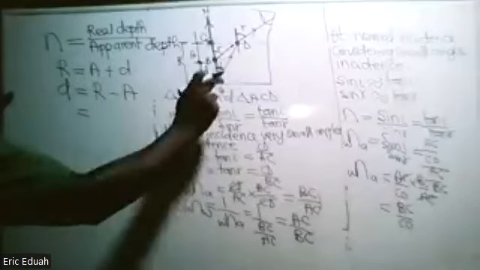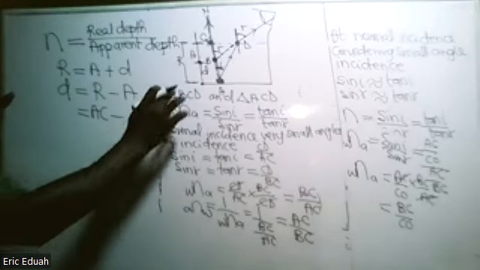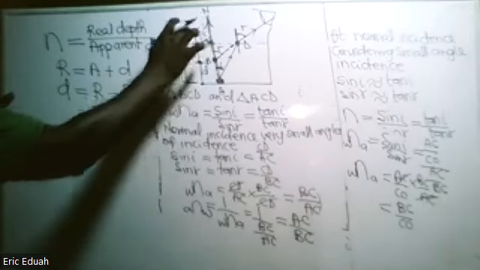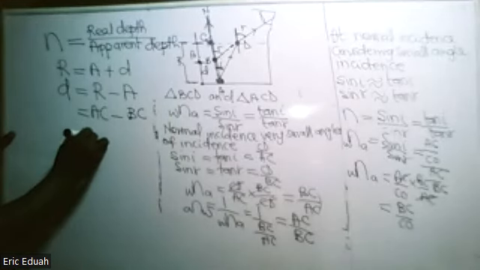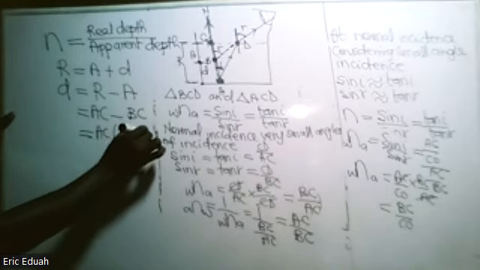R is AC. So AC minus, what is A? A is BC. When I factorize out AC, I have 1 minus BC over AC. In fact, when you multiply it through, you get the same thing as what I have here. Are we okay with this?